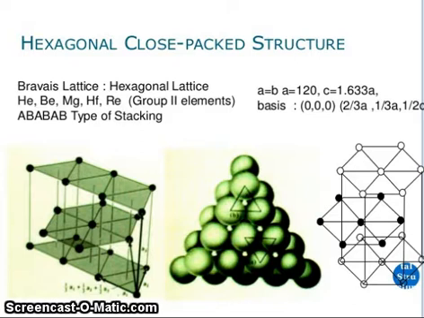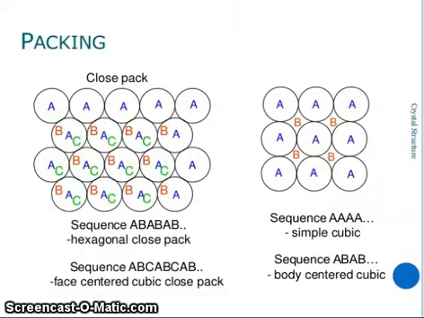You can see in this figure. So packing, close pack, sequence AB, hexagonal close pack, sequence ABC, face centered cubic close pack. In another figure, you can see here sequence AAA, simple cubic, sequence AB, body centered cubic.